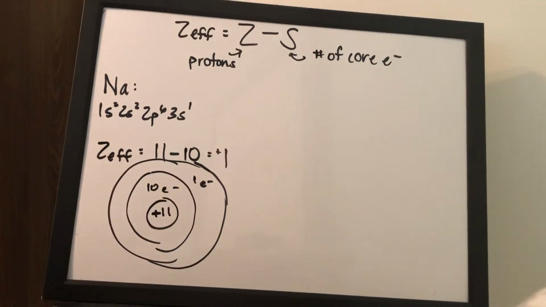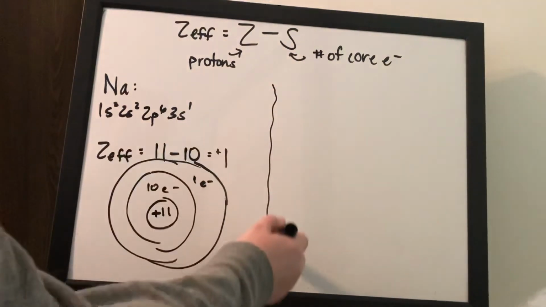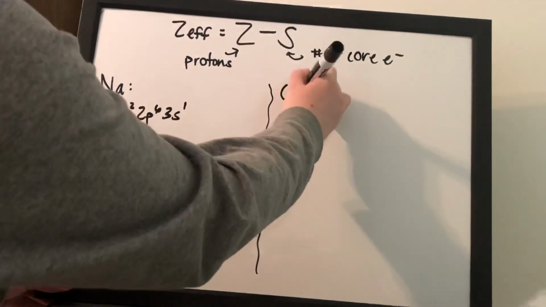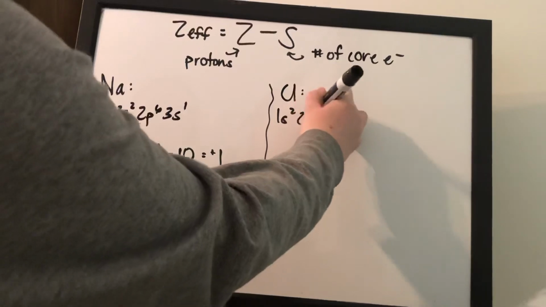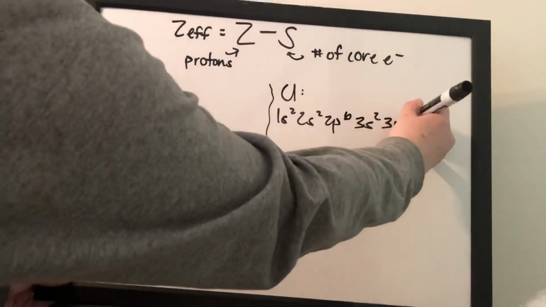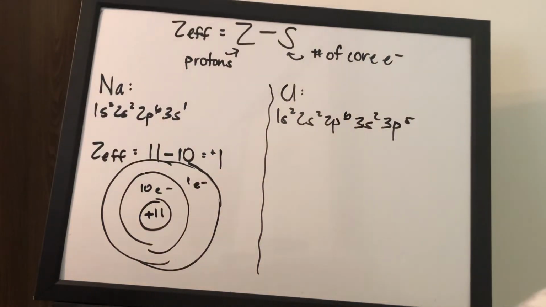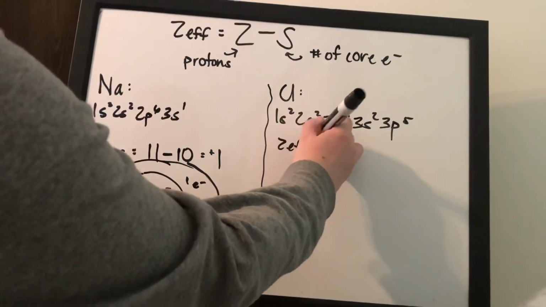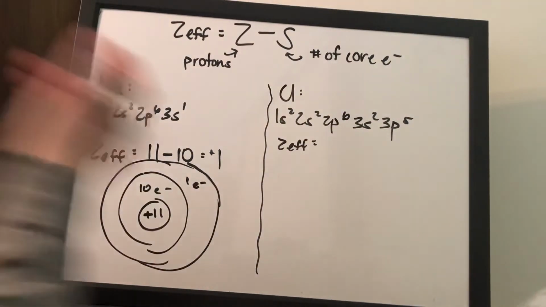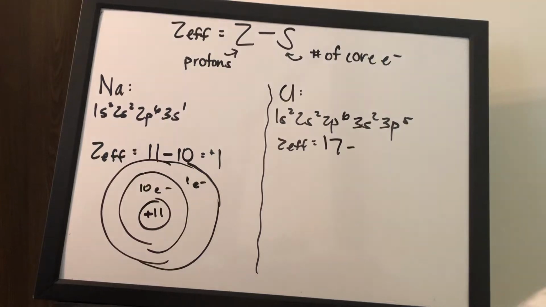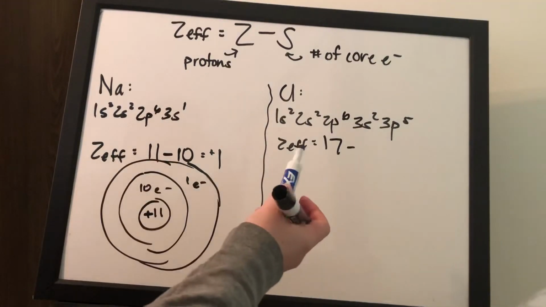So that is Zeff. If we do another one, let's say the same period, let's talk about chlorine. Chlorine is 1s2, 2s2, 2p6, 3s2, 3p5. Again, Zeff is protons minus core, so chlorine has 17 protons, and the same number of core electrons, because they're both in the third energy level.